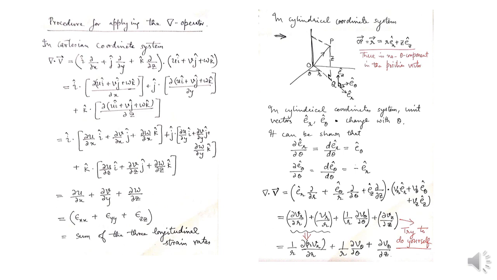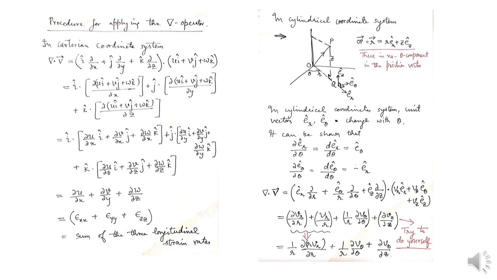So del by del x is then shifted to the vector ui plus vj plus wk, and the dot product is retained, and it will be applied after the partial derivatives are taken or are just simplified. So in the next step you can see what I mean.